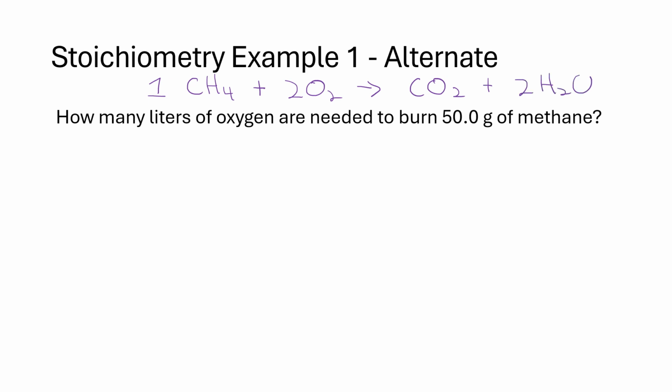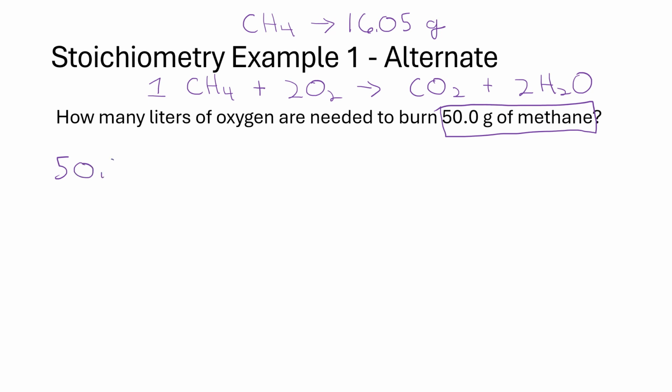And we found that the molar mass of methane was 16.05 grams. To start this by the alternate approach, we're going to take the number, the unit, and the chemical that we were given. There we go, 50 grams of methane.